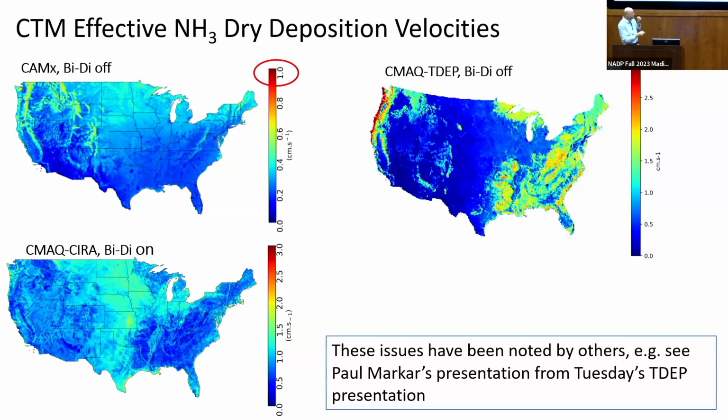And I want to show this because here's another set of deposition velocities that are almost inverted to the M3 dry bidirectional: high in the east, low in the Great Plains, lower in the west. This has just created some additional confusion as to which models we can trust to investigate these questions.